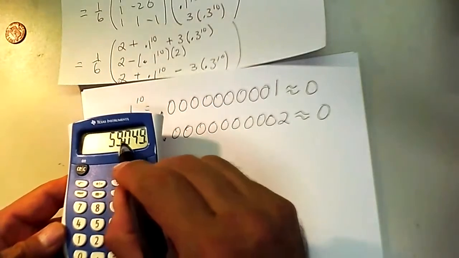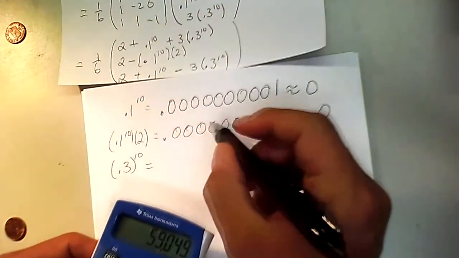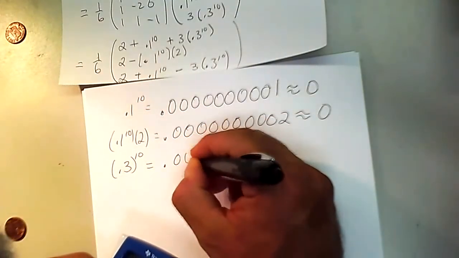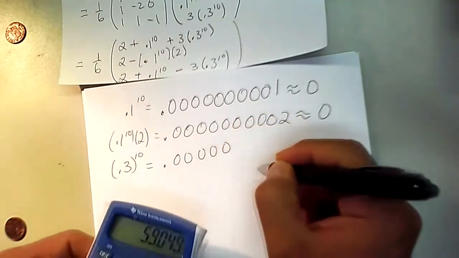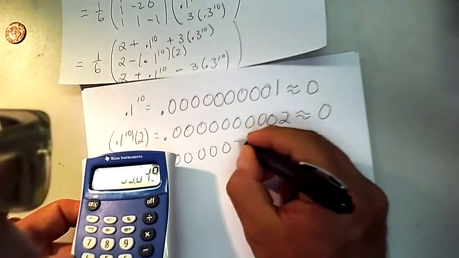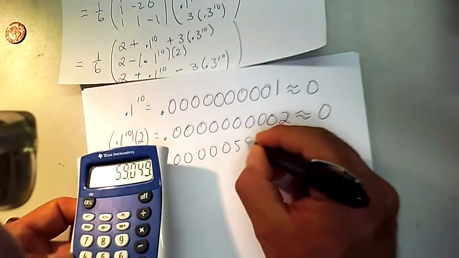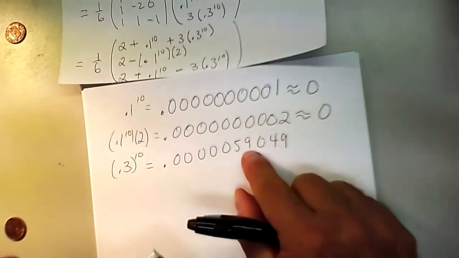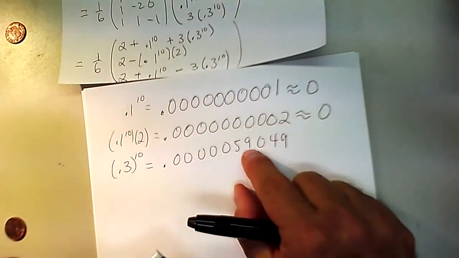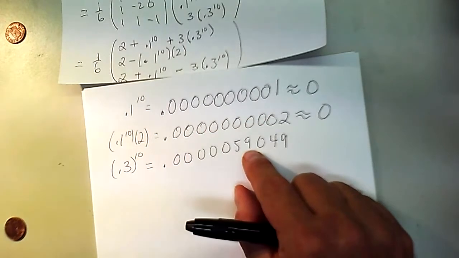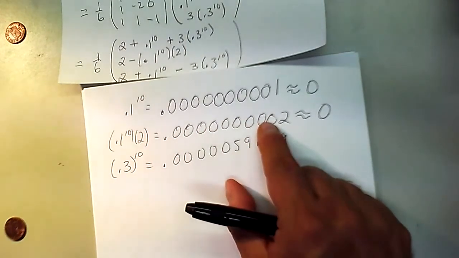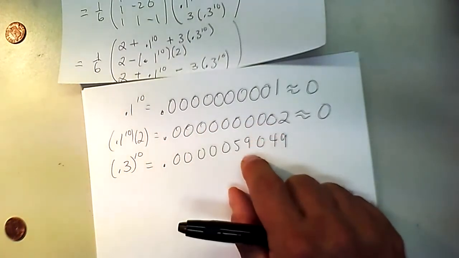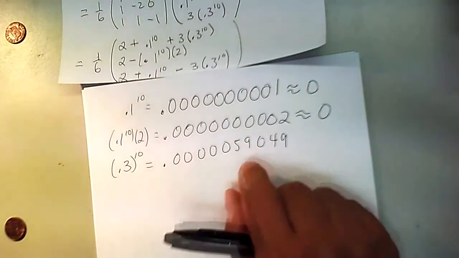And we have 1, 2, 3, 4, 5. So this is actually 59,049. Now this is virtually 0 again, although no, it's not. This is really, really 0. This is also close to 0. This is very, very tiny.